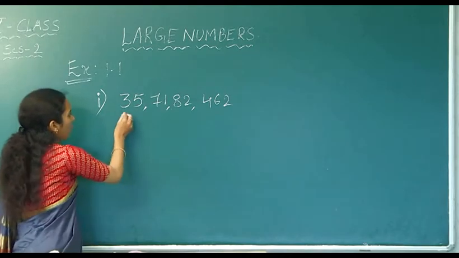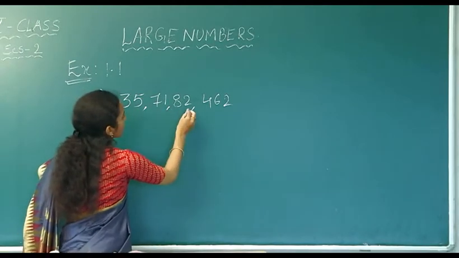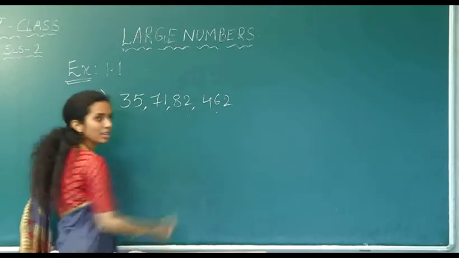So how do we write, how do we read it? 35 crores 71 lakhs 82,462.